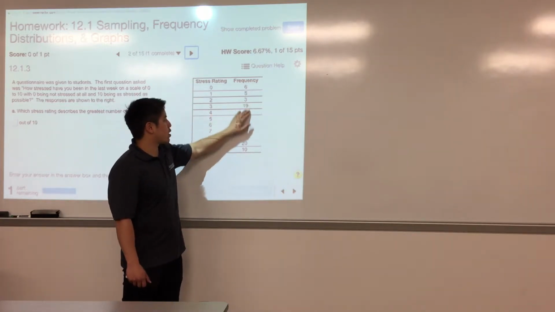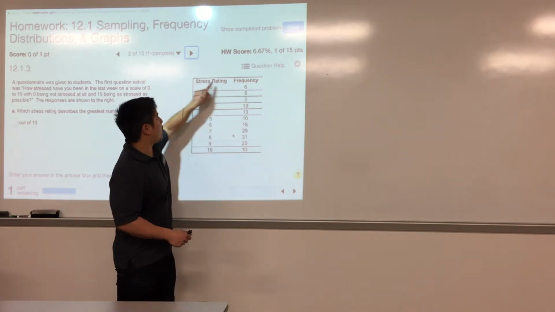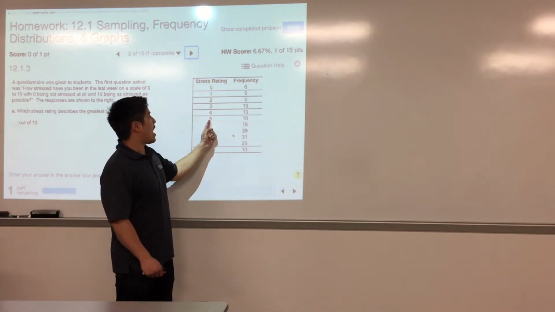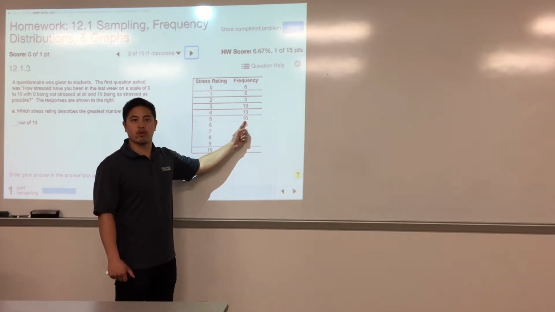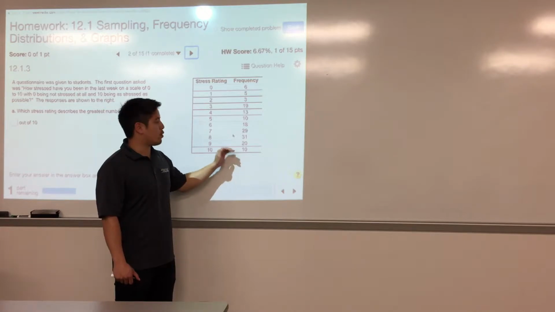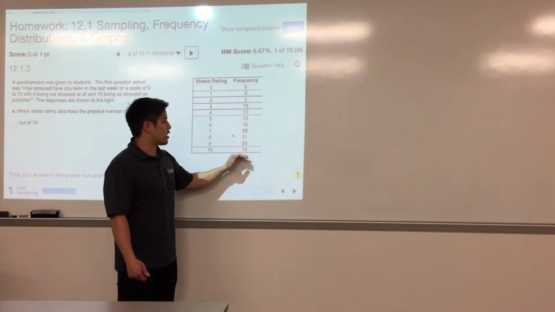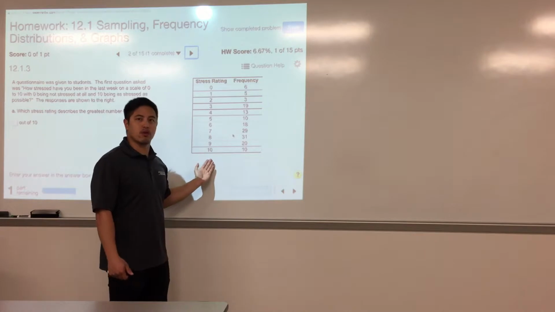And this represents the number of people who responded 0, 1, all the way to 10. In other words, at a stress rating of 5, right in between, they had 10 people report that. If we add up everything in the frequency column, we will find out how large the sample is. Isn't that true? This total here will tell you how many people were sampled.